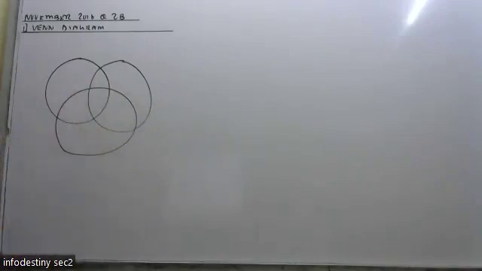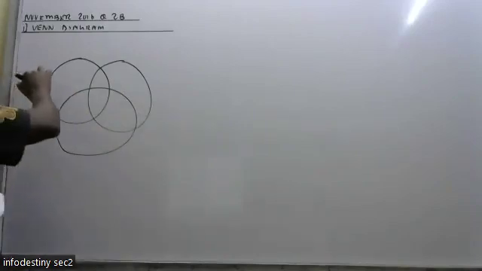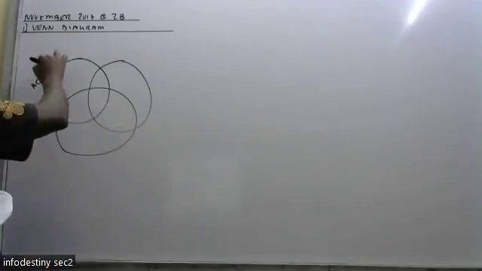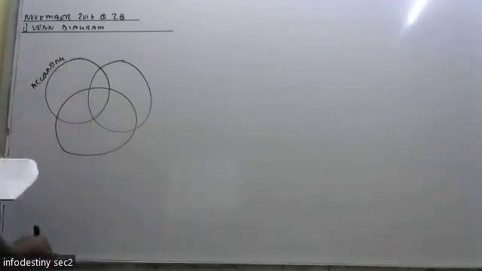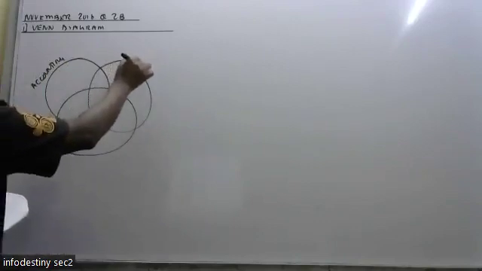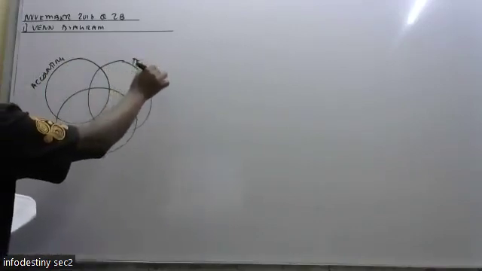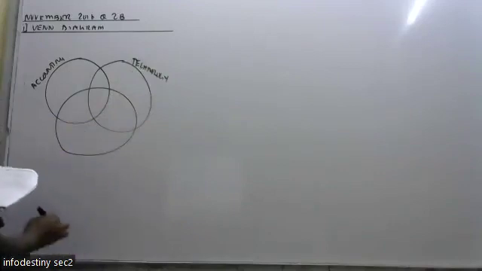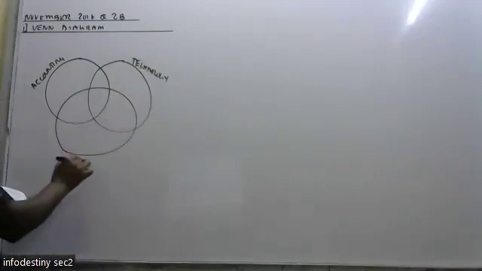So the first circle is called accounting. The second one is called information technology. The other one is called statistics.